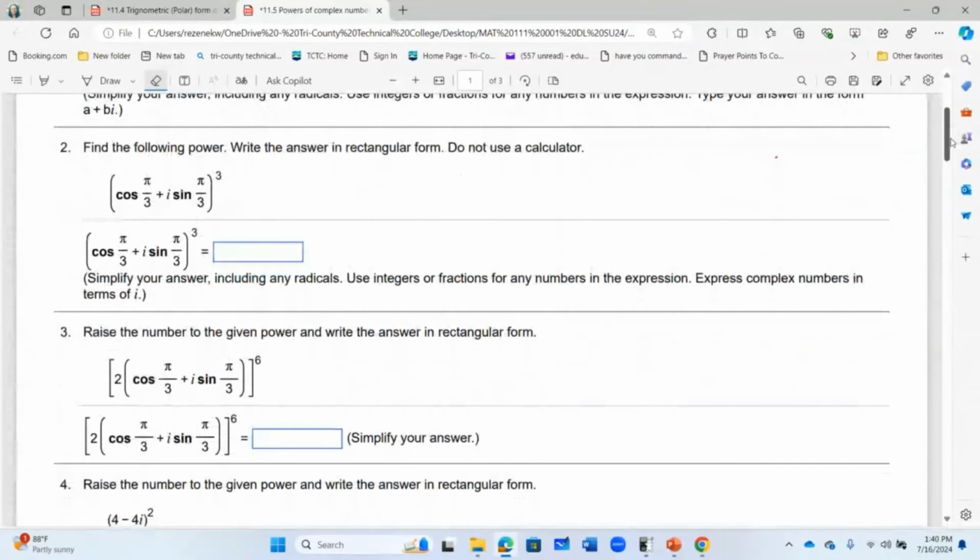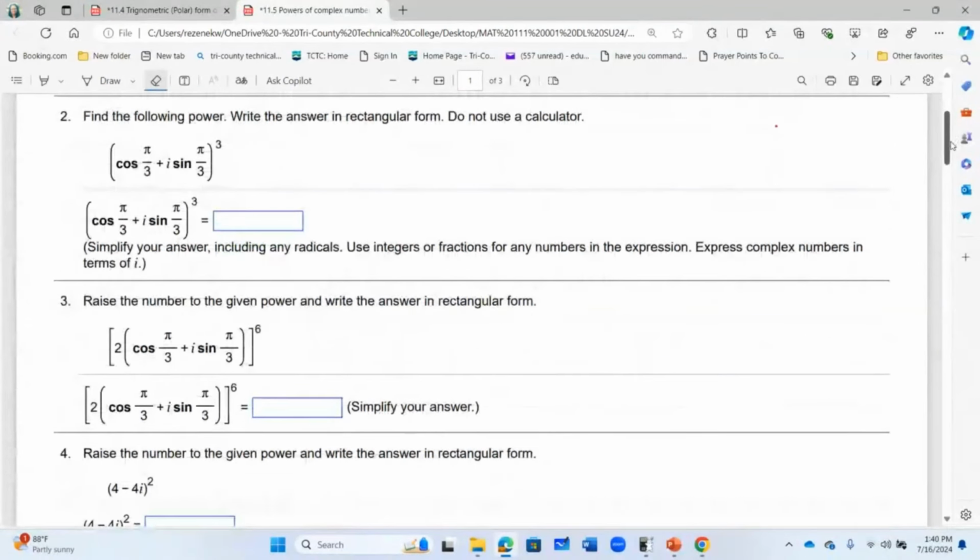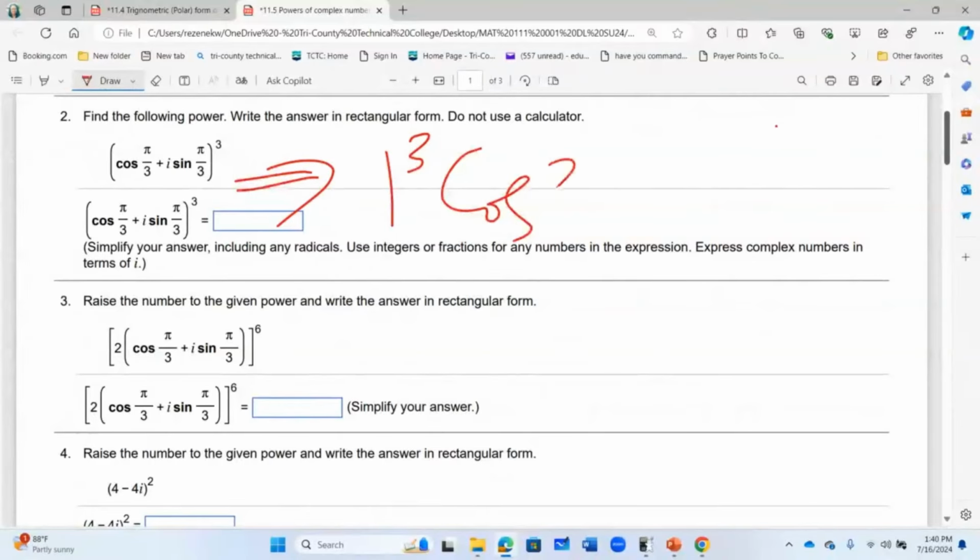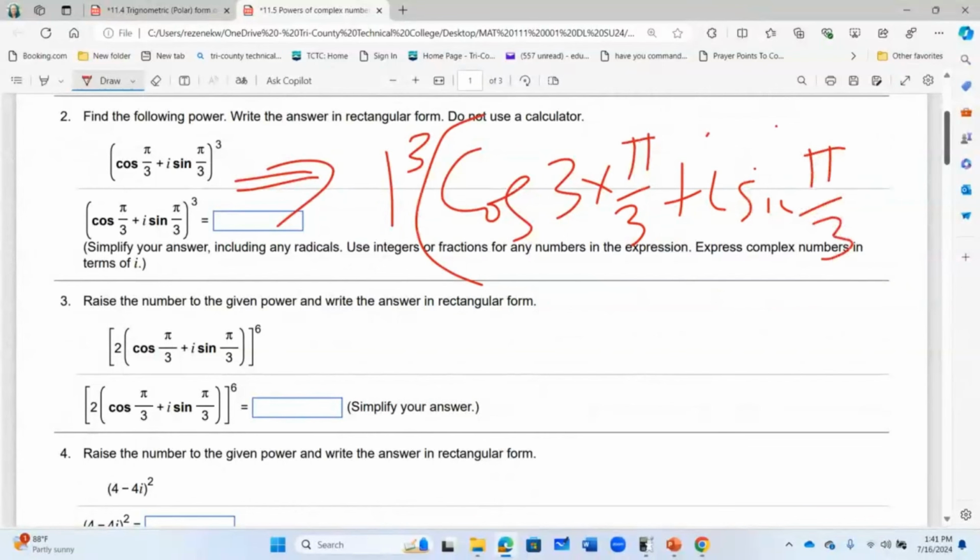Okay, so we can do number 2, even though it's in radian, the same thing goes. Right here is telling us that R is 1. They didn't give us R. R is 1, so I'm going to rewrite it and make sure that I put 1 there. 1 raised to power 3, cosine of 3 multiply that angle, pi over 3, plus I'm going to use parentheses here, sine multiply that angle pi over 3. Remember, I got to multiply this angle by 3 also.